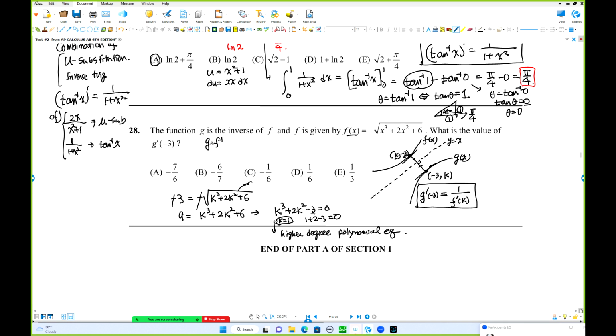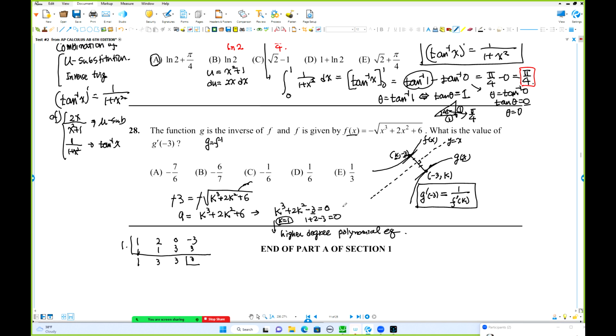So where are the other factors? We already got k is 1. Using synthetic division, with coefficients 1, 2, 0 for k, and the constant -3, when k is 1: 1 comes down, 1 times 1 is 1, you add to get 3. 1 times 3 is 3, you add to get 3. 3 times 1 is 3, that gives 0.